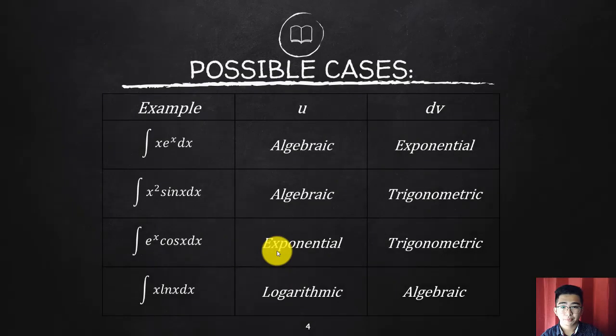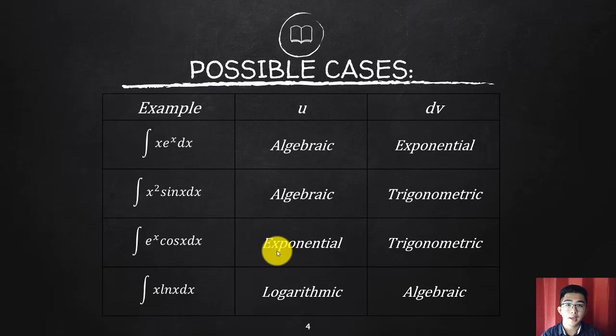Now, what are the possible cases for integration by parts? Integration by parts is a very good technique because it deals with a mixture of different types of functions, whether algebraic or transcendental. Algebraic functions are functions with common variables, let's say x plus y plus z.